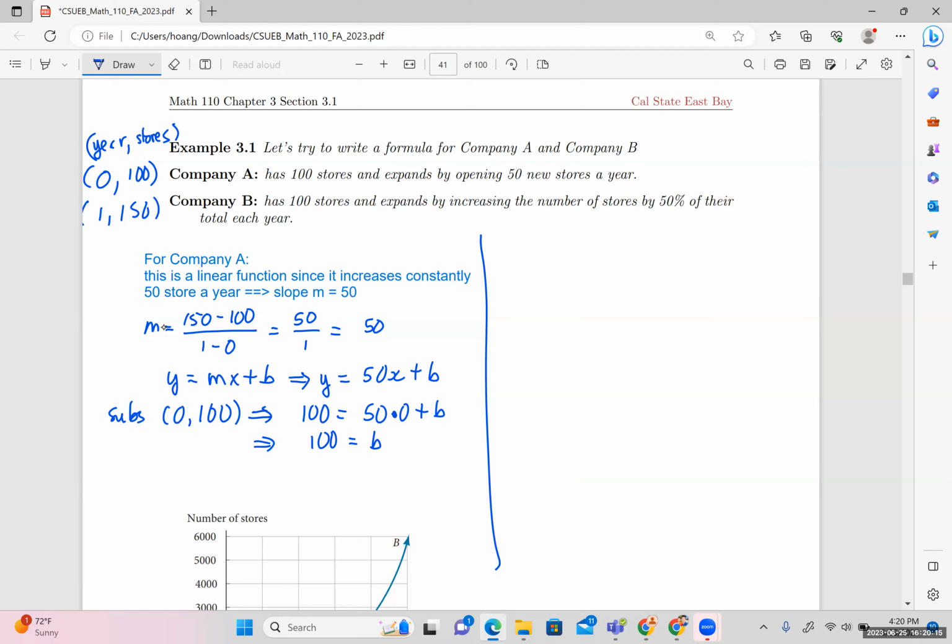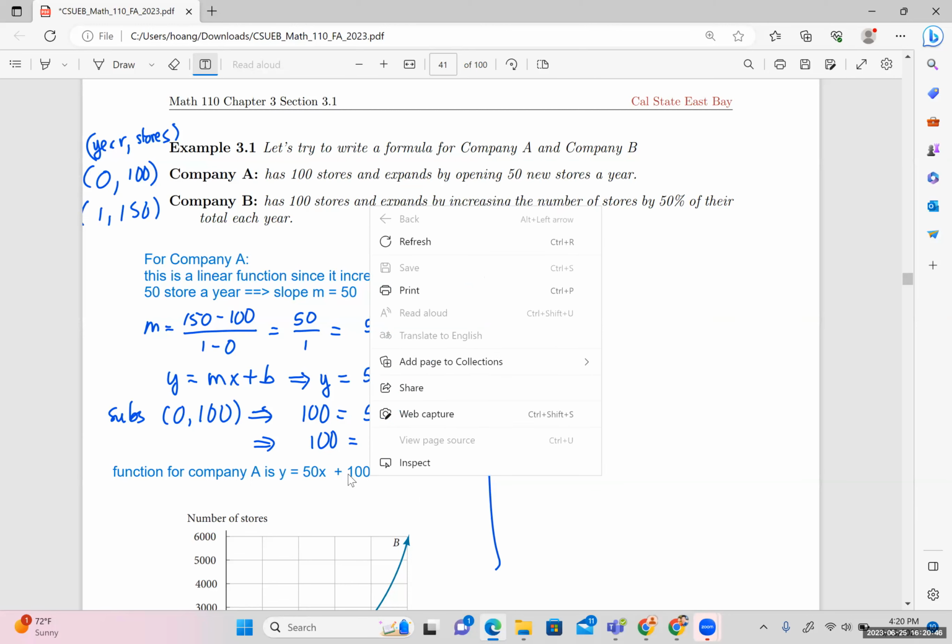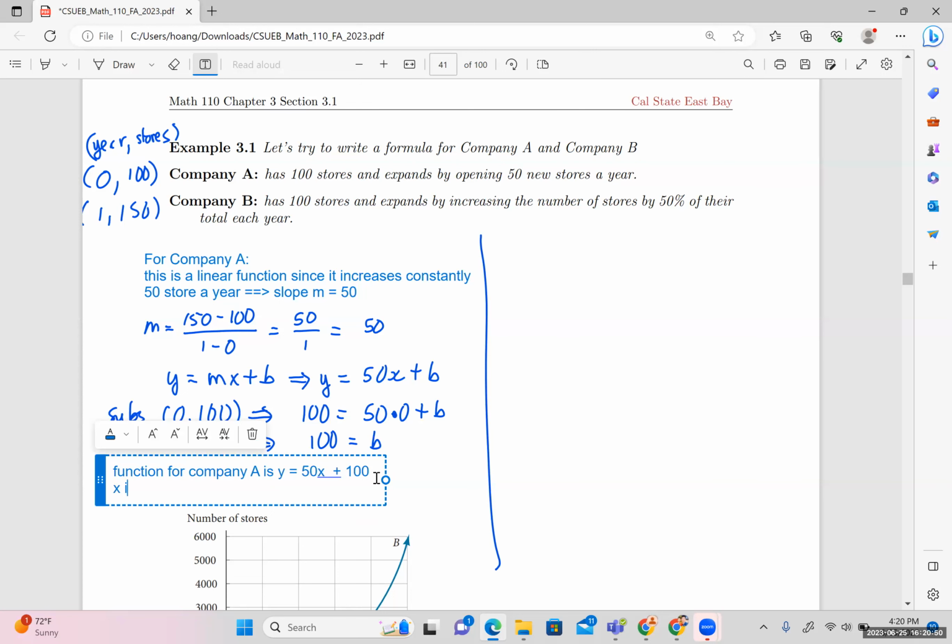All right, so that means the function for company A is y equal to 50x plus 100, where x is number of years and y is number of stores. Yeah, so that is for company A.